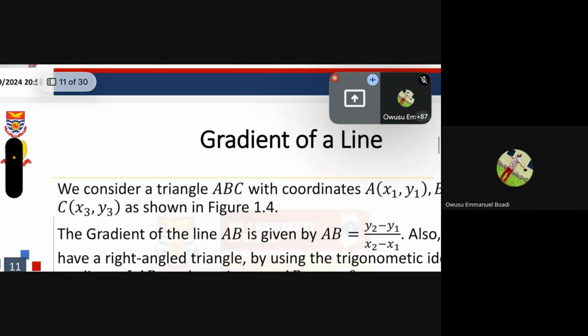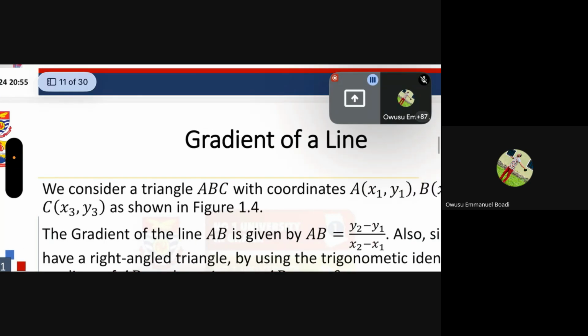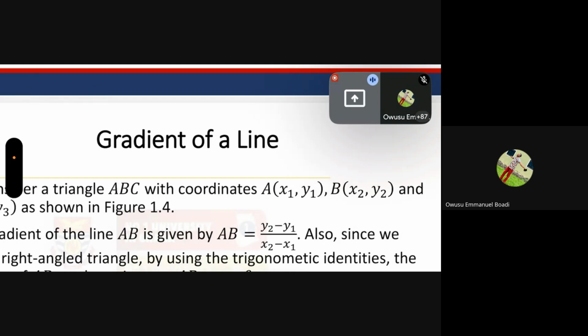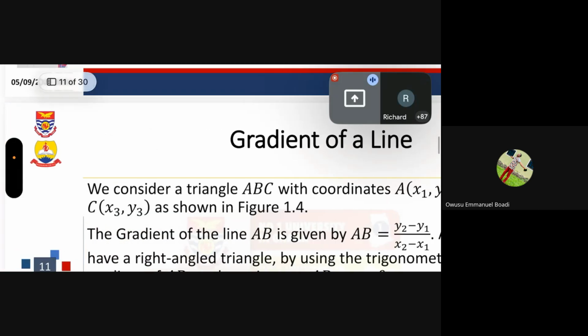Okay, so we are done with the midpoints. Now I want to look at how to find gradients. So the gradients you already know. We consider a triangle ABC with A having coordinates x1, y1, B with coordinates x2, y2, and C with coordinates x3, y3.